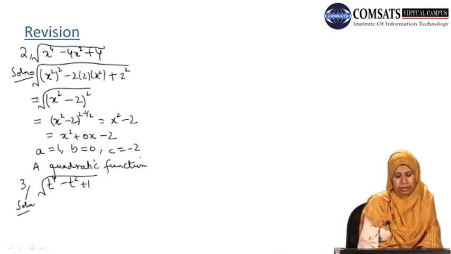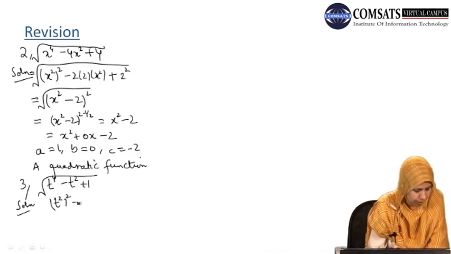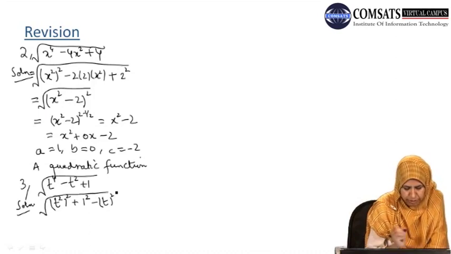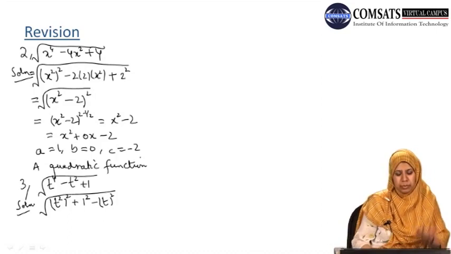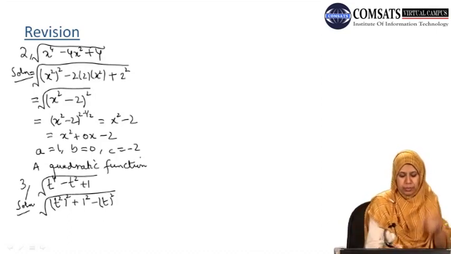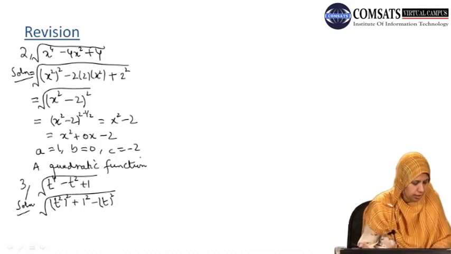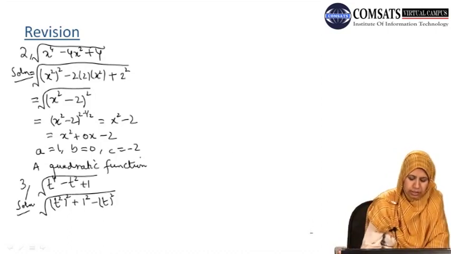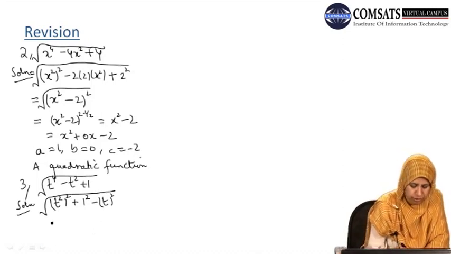No. Then this will stay as it is, or if we try to simplify, it will be like this, but it is not a square of any formula like (a plus b) whole square or (a minus b) whole square, which means that we cannot further simplify our given function, and the conclusion is that the given function is not a quadratic function.